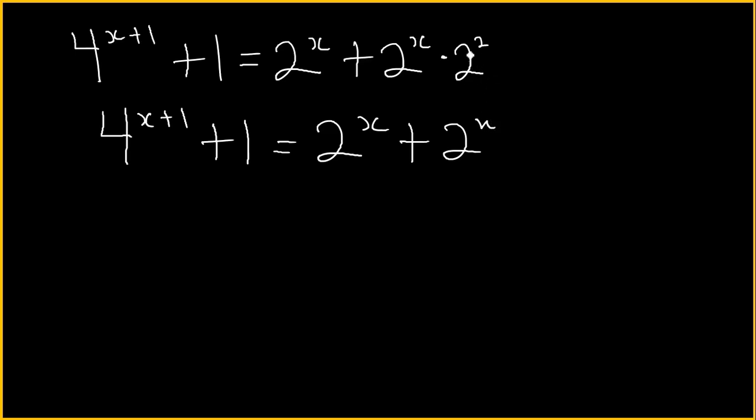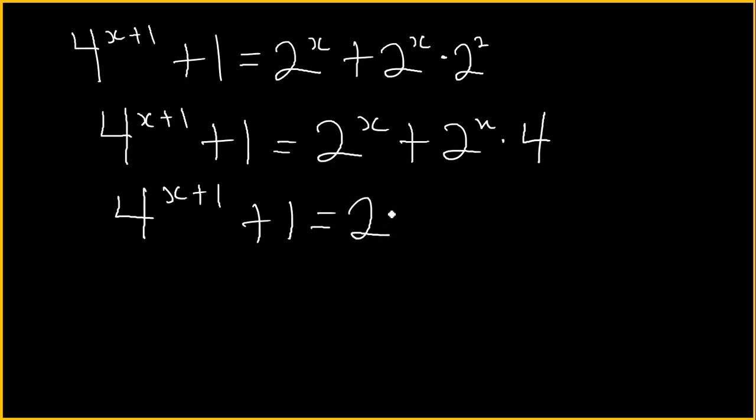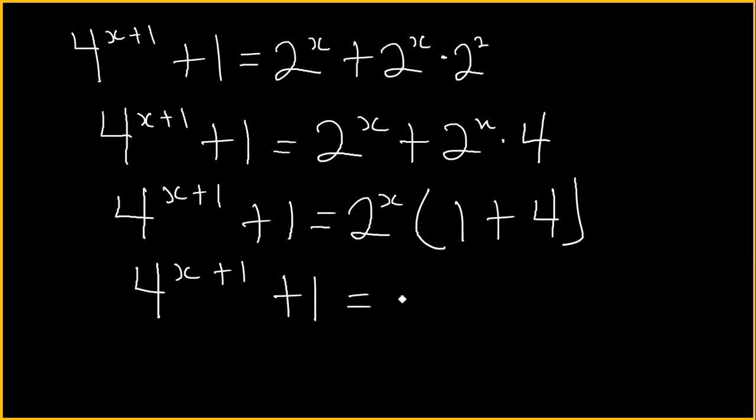I'm simplifying this to one form by 4. 4 raised to the power x plus 1 equals, here we have a common index form, which is 2 raised to the power x. 2 raised to the power x is factored out, so we have 1 plus, out we have 4. 4 raised to the power x plus 1 equals 2 raised to the power x, 1 plus 4, 5.